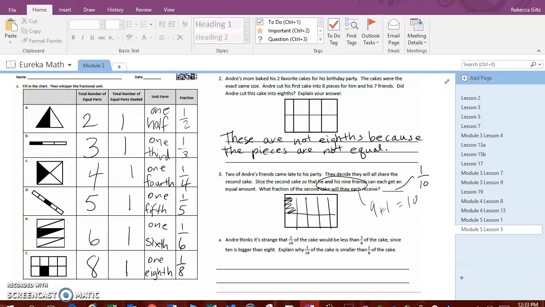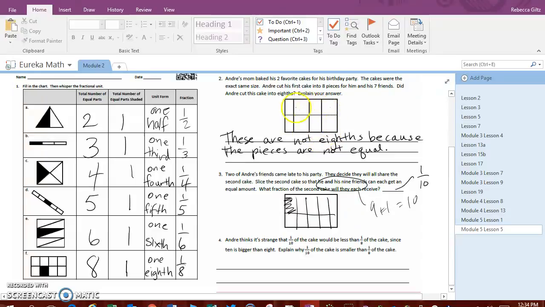All right, last one. Andre thinks it's strange that 1/10 of the cake would be less than 1/8 of the cake, since 10 is bigger than 8. Explain why 1/10 of the cake is smaller than 1/8 of the cake. Well, this is kind of a long answer, but when you look at this cake was cut into 10 pieces, so each piece has to be smaller to fit the whole.